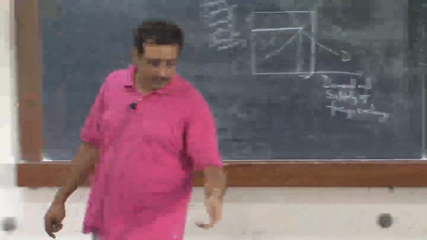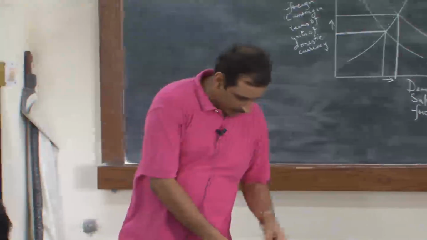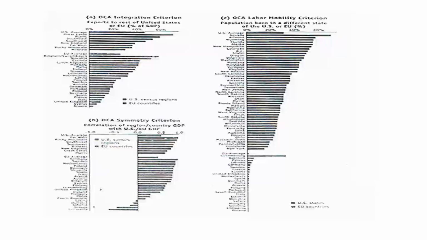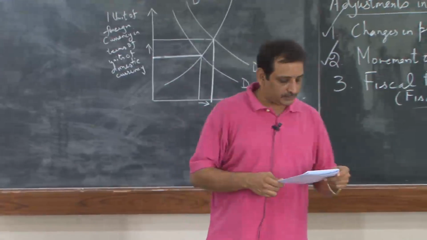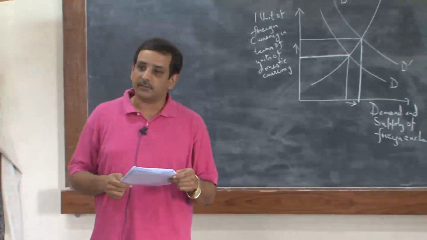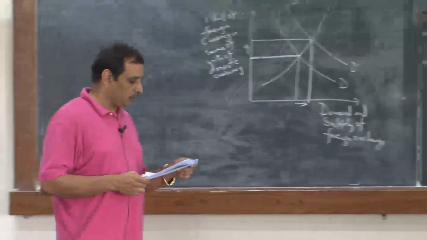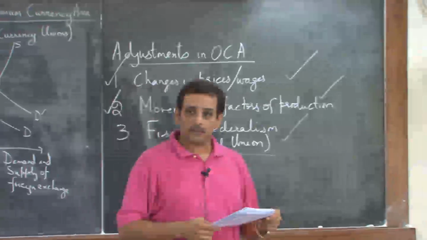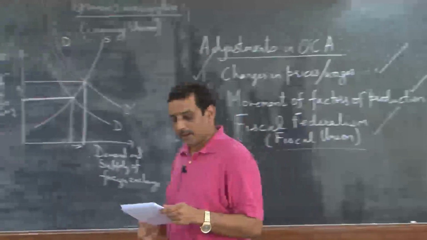So if you look at the handout, table 21.4, that compares the performance of the United States and the EU as candidates of an OCA.